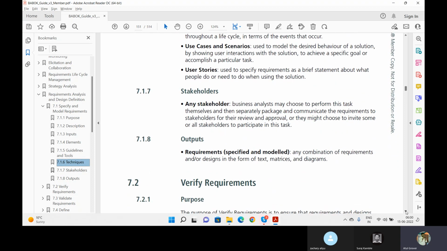So in this case, any stakeholder, everybody is my stakeholder here. From small to big, from low position to the high position, everybody is my stakeholder here. And what are the outputs you're getting? You're finalizing the set of requirements, verifying, and you're designing their model now. In the next topic, we're going to discuss how to verify that model actually.